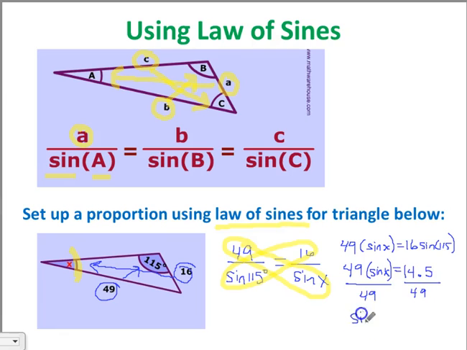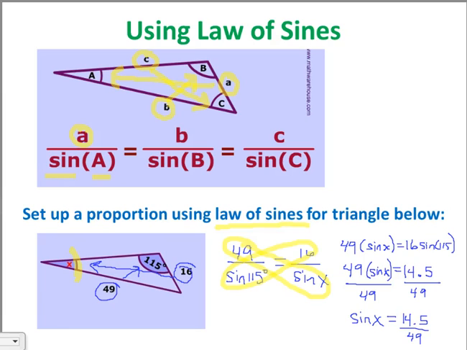So now I've got sine x equals this, divided by 49. So how do I solve from here? Remember, we're trying to find an angle measurement. Anytime we're trying to find an angle measurement, we have to use the inverse of sine.